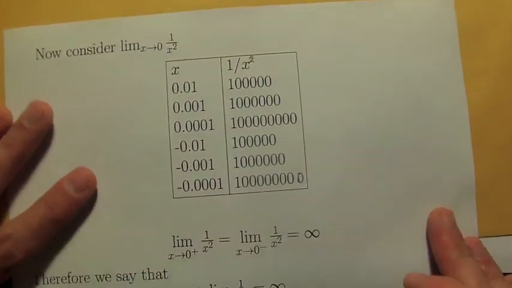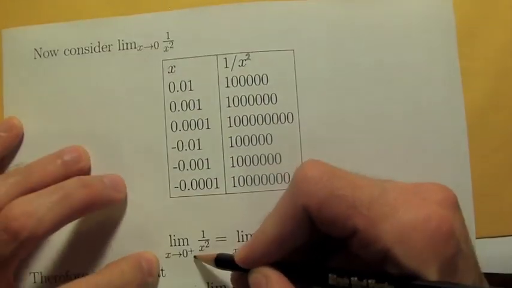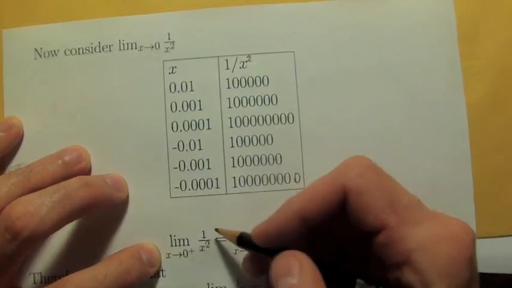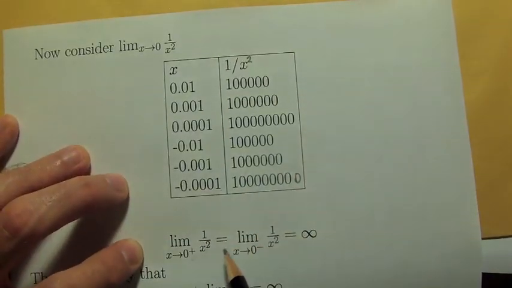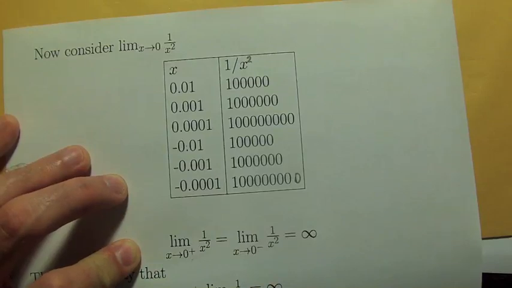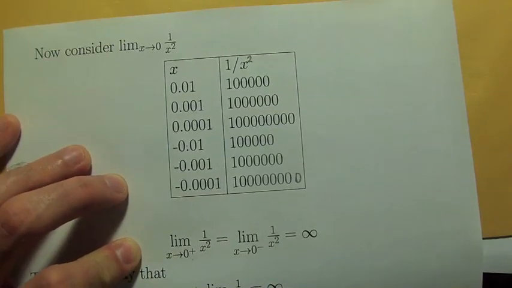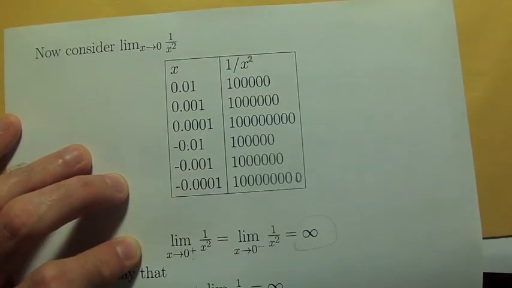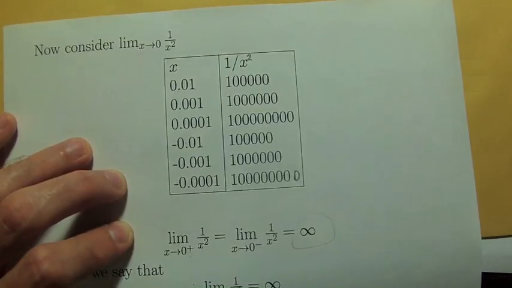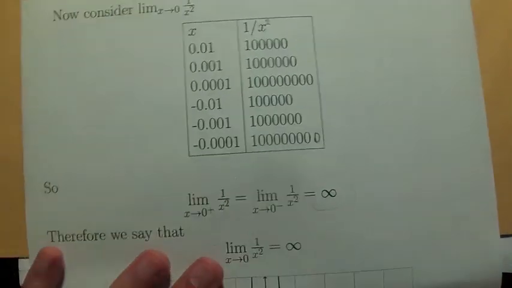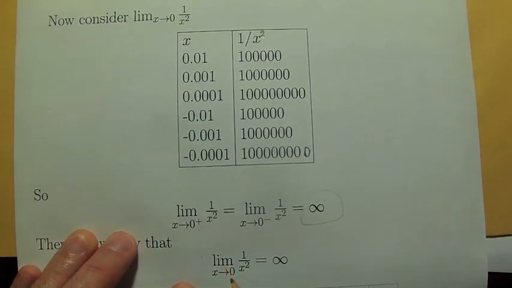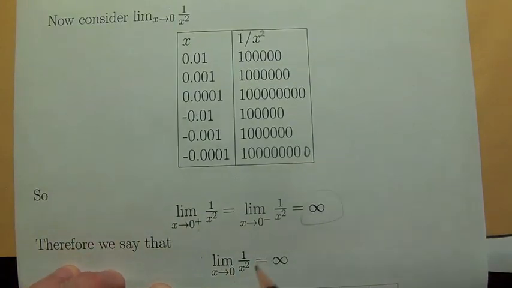So what we basically have is the limit as x goes to 0 from the positive side of 1 over x squared is equal to the limit as x goes to 0 from the negative side of 1 over x squared, and they're both equal to infinity. So in this case, we can actually say the two-sided limit as x goes to 0 of 1 over x squared is infinity. And here's the difference.